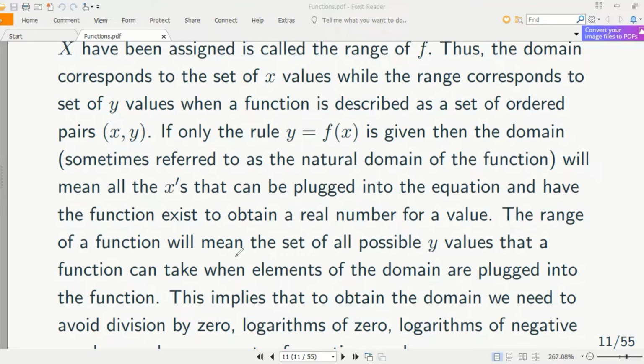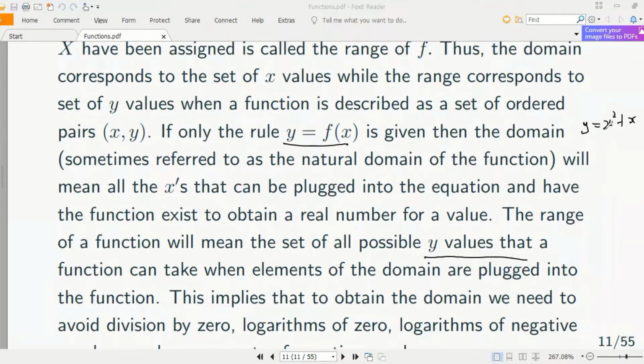What about the range? If we are only given this, then the range of the function will mean the set of all possible y values that a function can have when elements of the domain are plugged into the function. For instance, if I'm given y is x squared plus x.